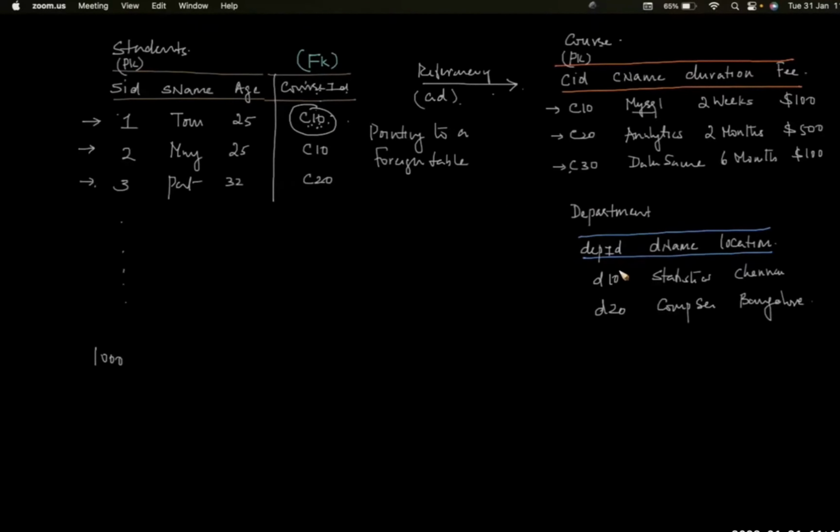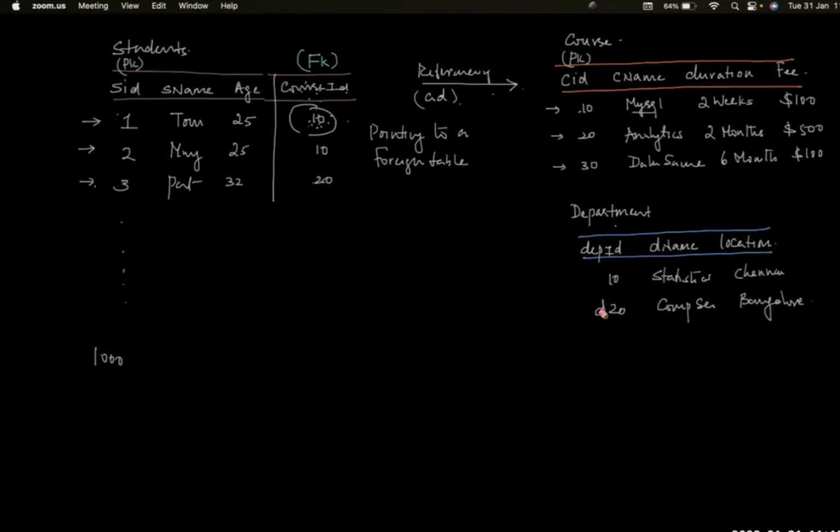There will be so many other tables. There will be a table called department. There will be faculty. So what is this pointing to? What is this number pointing to? Let me take out that C, for example. Let's say we have only 10, 20, 30 here.